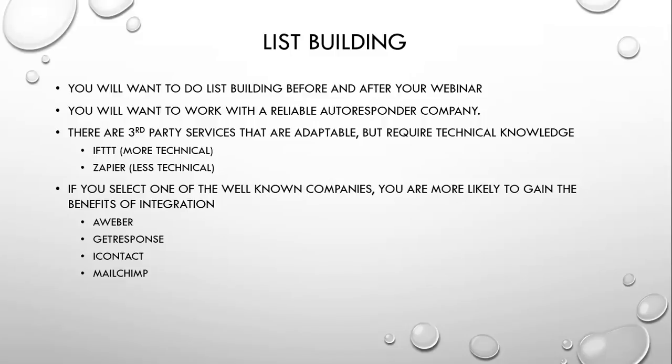So these are companies that have invested in integrations, and you will benefit not only from being able to work with Zapier as you build your list, but then as you go later on and you start to create more applications, you'll again want the flexibility of a company that can invest the time and personnel to develop applications for integration.